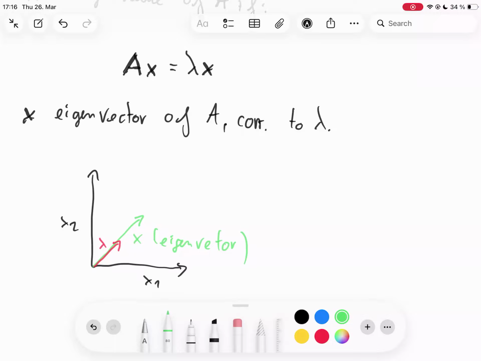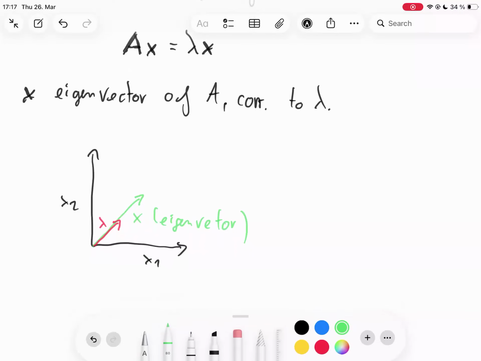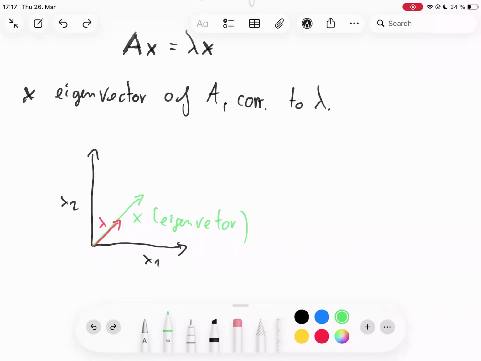For example, if lambda is a half, then the length of the vector would be just half. But if it's a different eigenvalue, could be 3, it's 3 times the length. It could also happen that the direction gets inverted, but then the eigenvalue would be negative. We just flip the direction, but we don't change the direction otherwise.